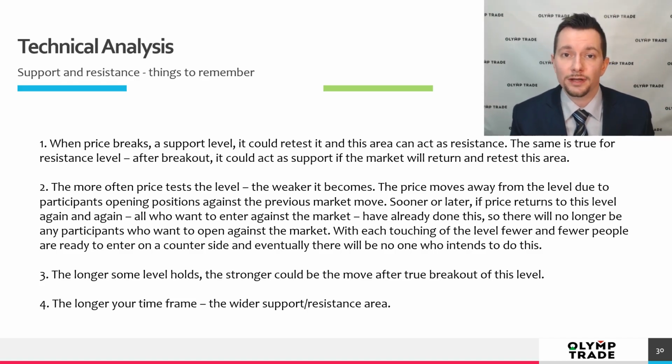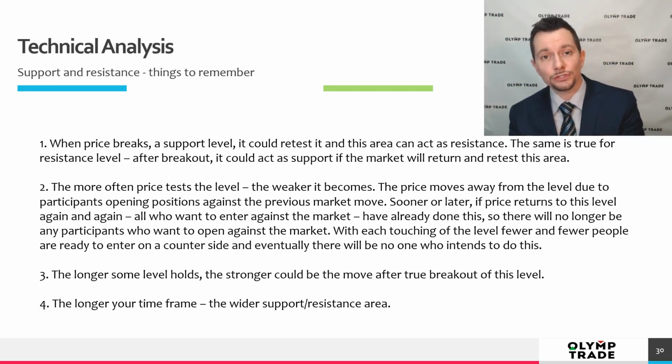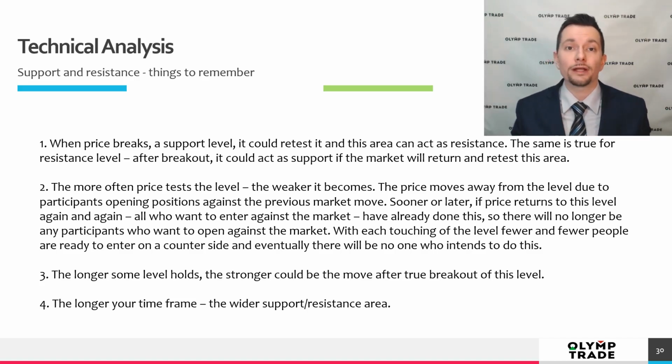Sooner or later, their money will end or their goals will change. So sooner or later, those buyers will no longer be there. And when the price returns to those levels, it'll fall right through. So that's the reason that the more we test a support or resistance level, the thinner and the more ready it is to be broken.